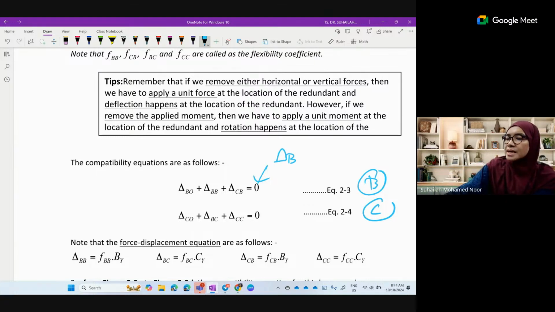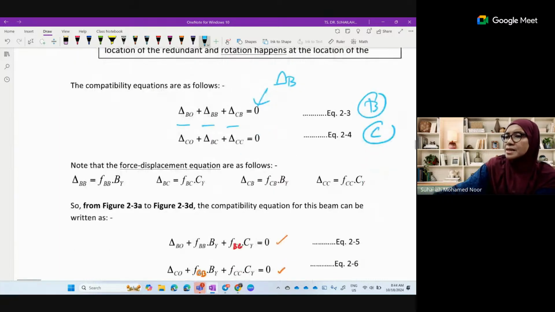Okay, so kita akan start dengan primary. So this is primary, redundant 1, redundant 2. Okay, so original dia macam ni, delta B. Tapi kita tukar kan, kita pakai semua delta ni adalah FBB kali BY. Yang ni tak payah pening-pening, tengok diagram.